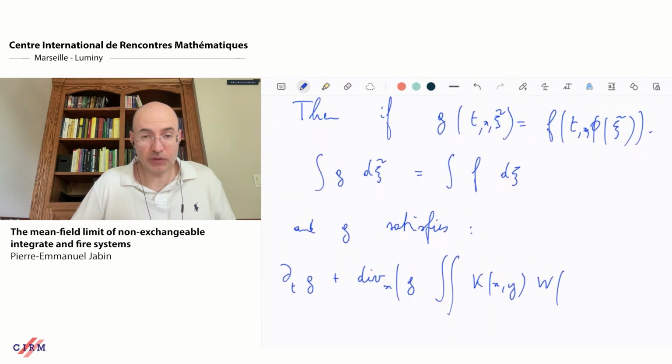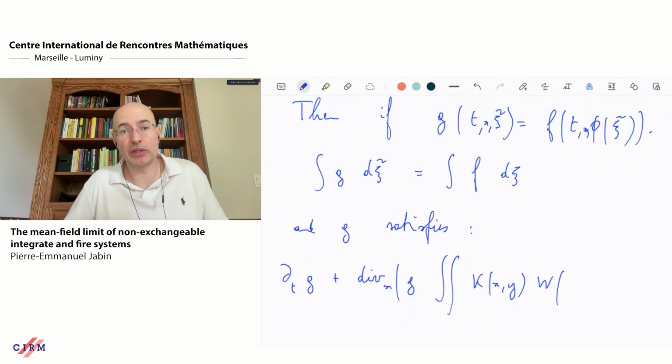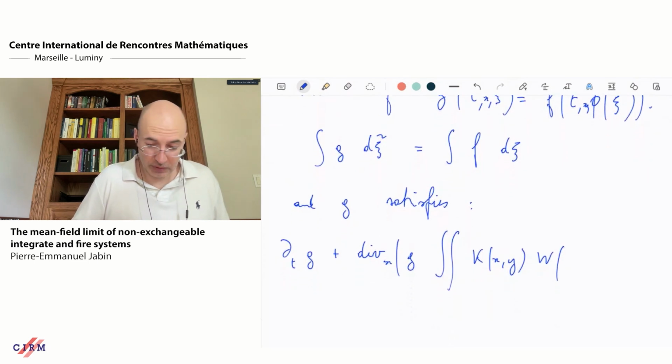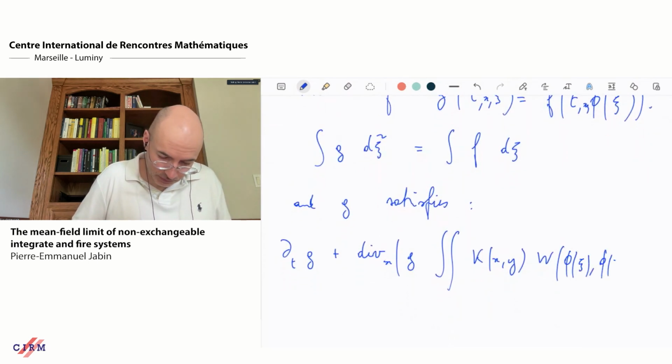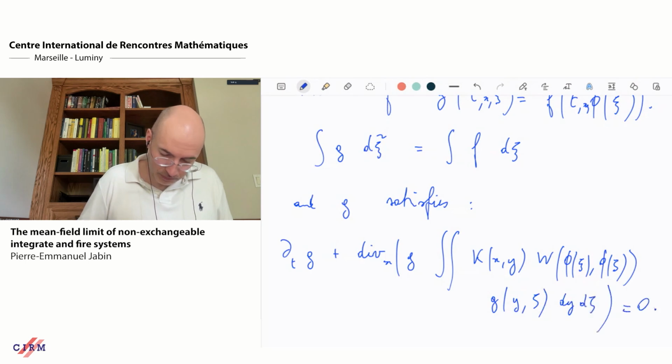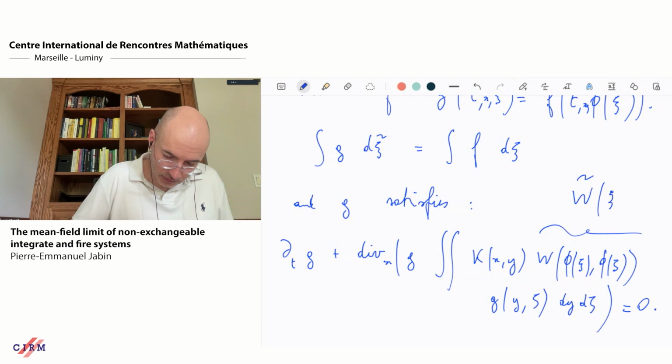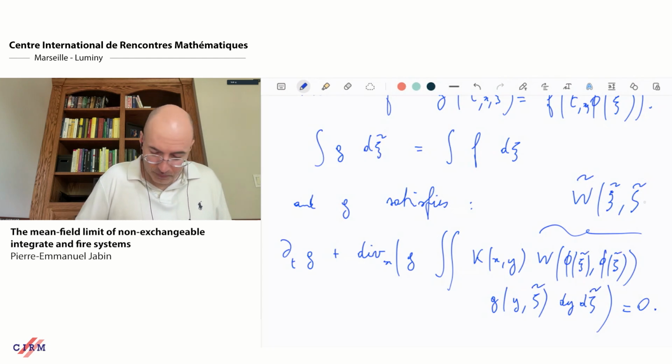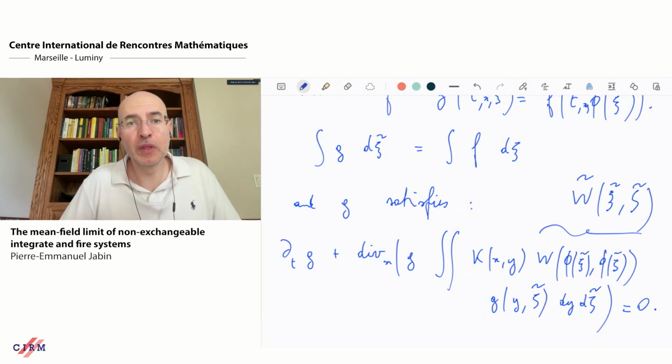Right, so I'm going to take the equation on F and write it at the point phi. And I'm going to have this G, zeta, t, zeta. Okay. So let's call that W tilde, xi tilde, zeta tilde. And it's the same form.